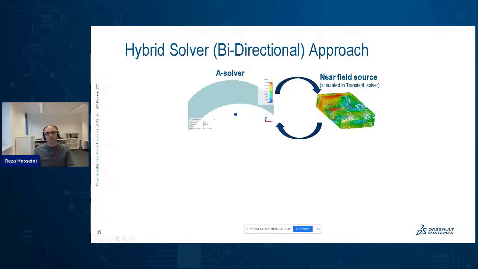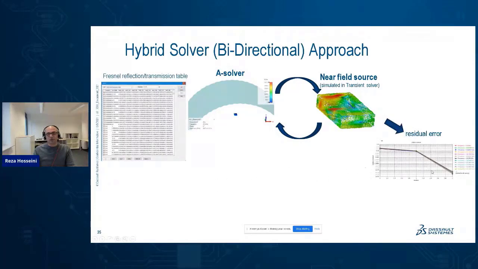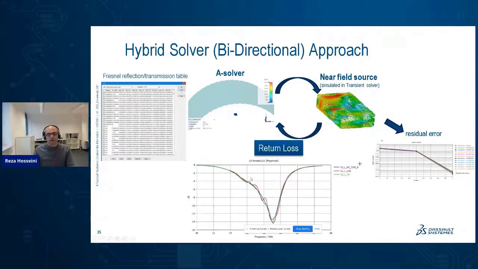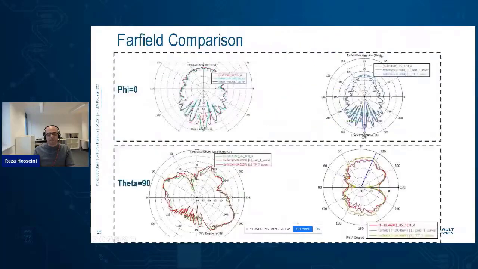Then we bring the results back to the antenna, and go through this iteration until the residual error of the simulation falls below a threshold that we set initially, and then the result can be trusted. Here is a screenshot of the table that we use with different frequencies and different angles to properly characterize the behavior of the DFSS with the help of the sim panel. And then there's a comparison of the return loss between these three different methods.